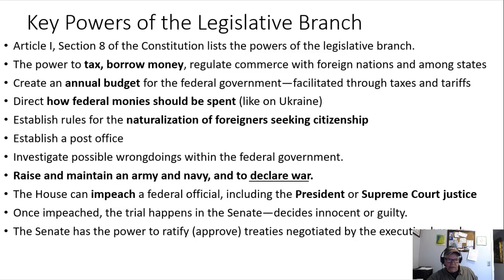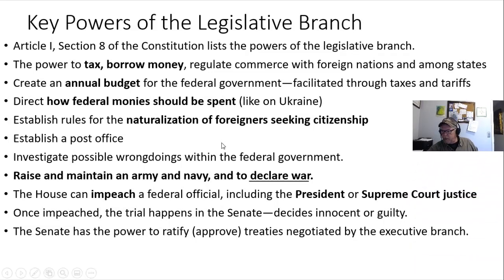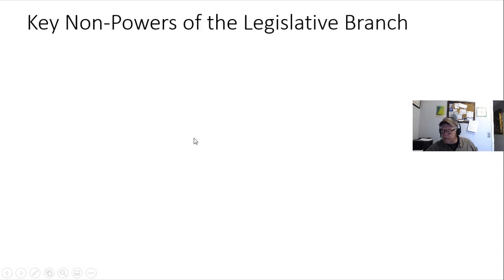And they decide guilt or innocence. And we've got one of those looming. Actually, another one looming. And I mentioned this, the elastic clause, that last one that's kind of the catch-all. We don't know what's going to happen in the future, so use good judgment, folks. Necessary and proper. Sometimes that's misused, but it's been very useful.